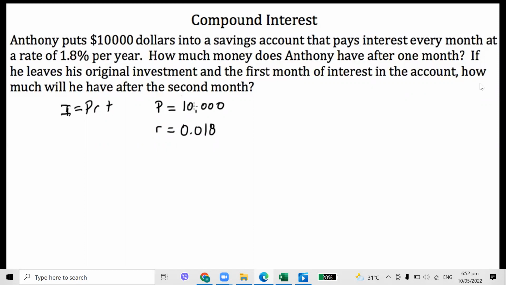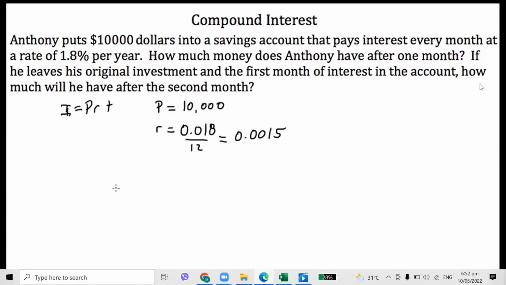So we need to find our monthly interest rate. So I'm going to take this 0.018 and divide this by 12. If I do that, I'll get 0.0015. This is my interest rate per month.